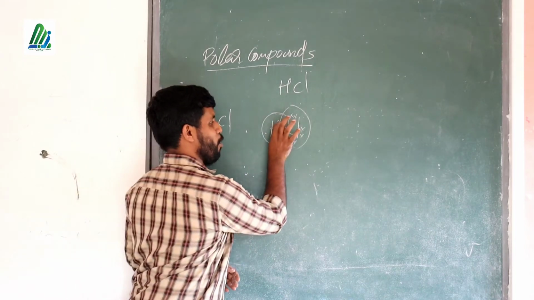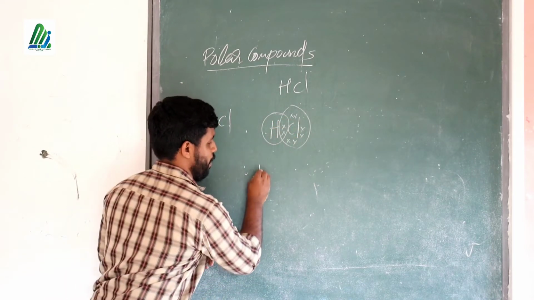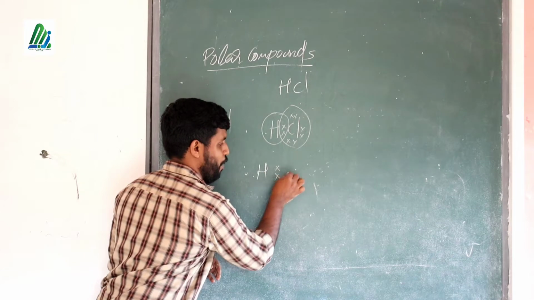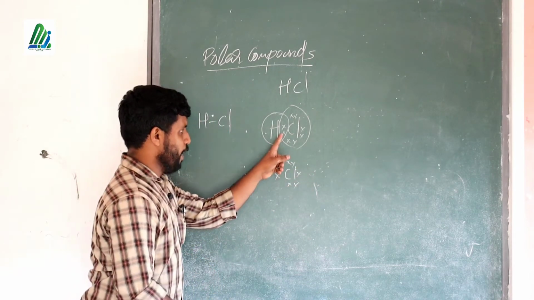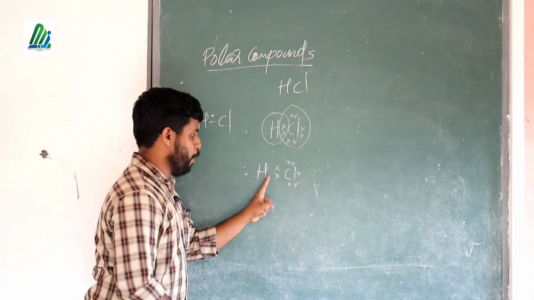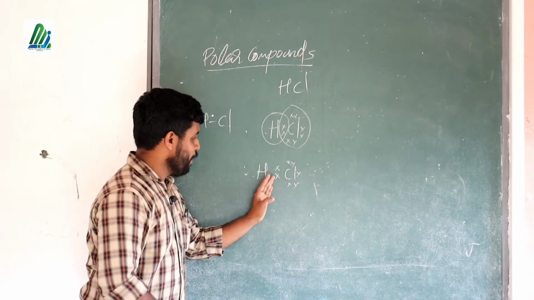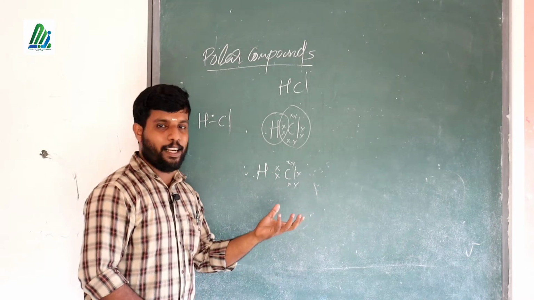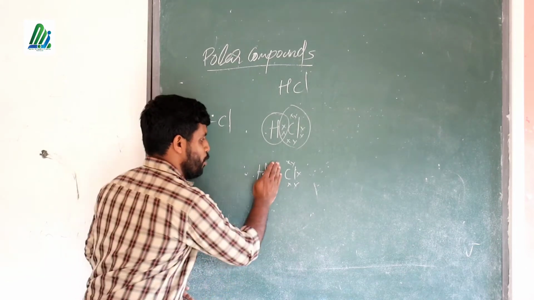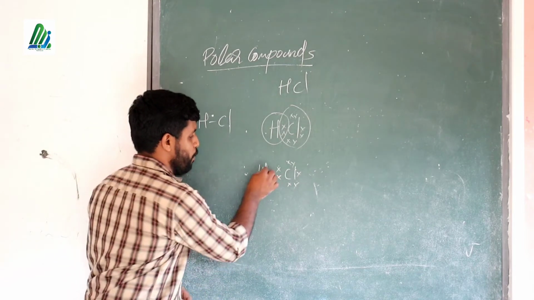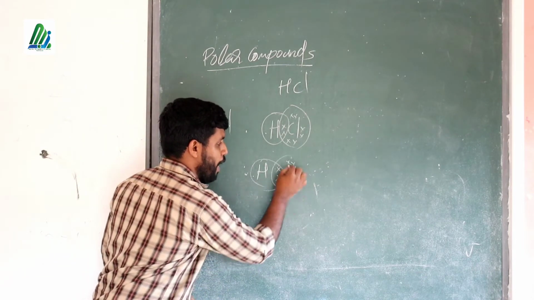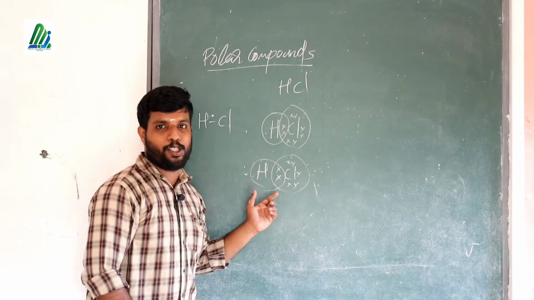I just represent the bonded pair of electrons only here. The hydrogen and chlorine share the pair of electrons, they will be at center. Then the chlorine more attracts the electrons because that is more electronegative. So the electrons are closer to the chlorine atom and moved away from the hydrogen, and not completely lost by the hydrogen.